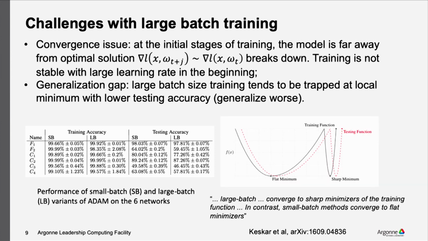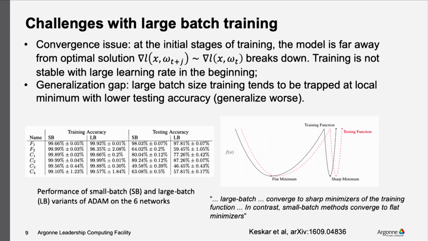The reason is that in this minimization problem, there are different types of minimums, and large batch size tends to be trapped at the so-called sharp minimum, like a very deep minimum. And this sharp minimum is hard to generalize.